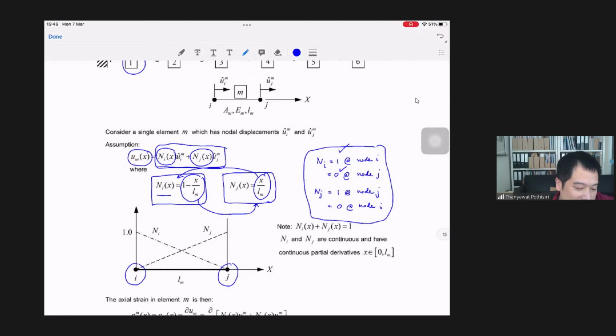When you substitute the coordinates of node I into this equation, you substitute xi, so this becomes x hat I. So in order for this equation to hold true, this should become 1, so it multiplies with this to get this, and this must be 0.